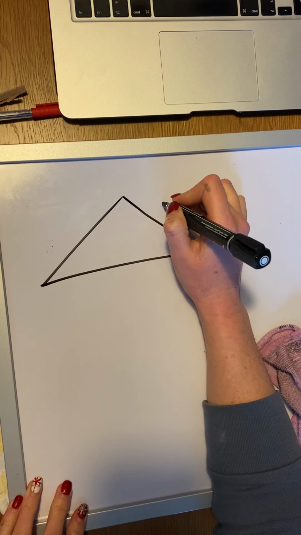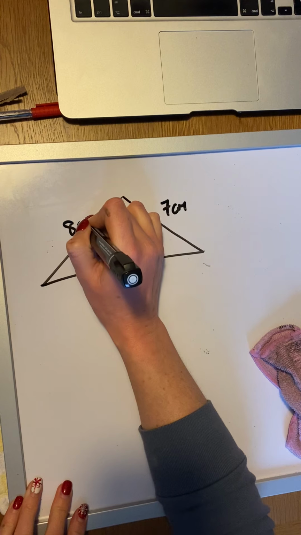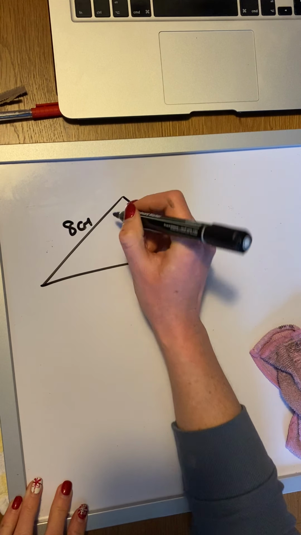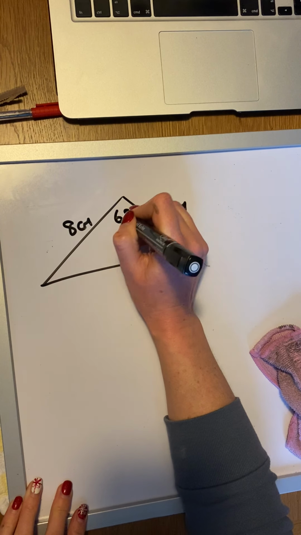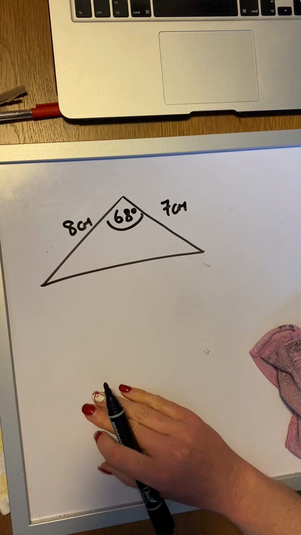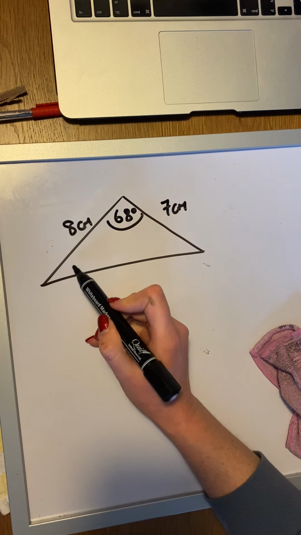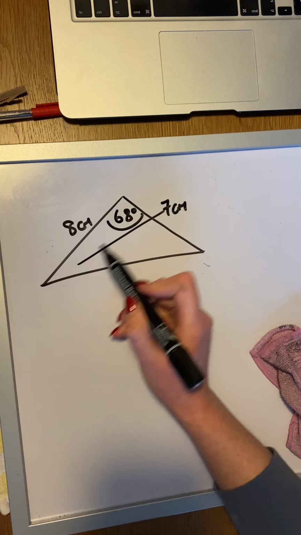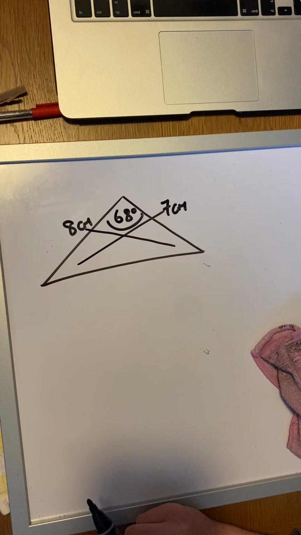Say, for example, I had 7 centimeters here, 8 centimeters here, and 68 degrees here. In this triangle, I cannot use the sine rule. I do not have sufficient information to be able to draw a line, so we don't have that pair, and therefore we can't use the sine rule.